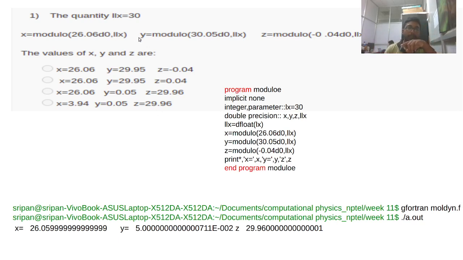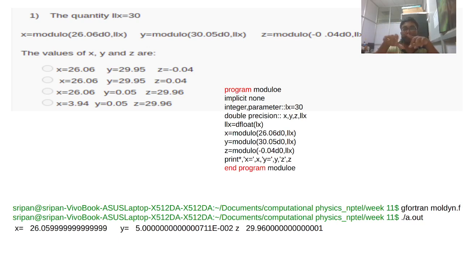Then if we calculate y, 30.05 is divided by 30, so it gives 1 into 30.00 plus 0.05 as the remainder. That means the modulo operation gives the value 0.05, that is 5 into 10 to the power minus 2. For z, the value which is divided by 30.00 is minus 0.04.